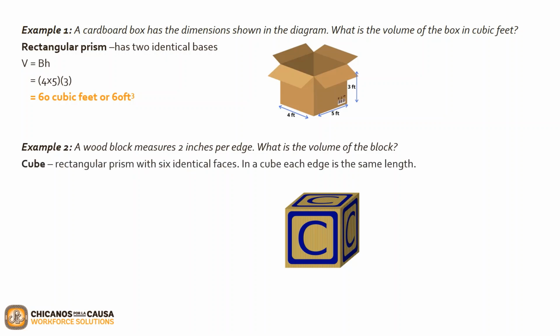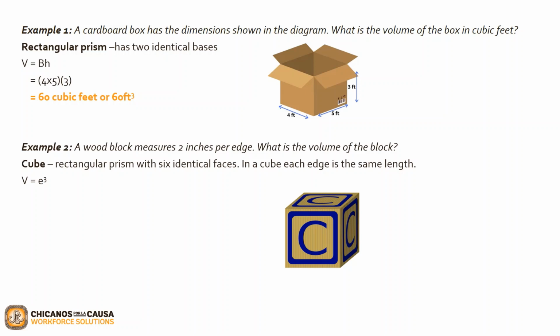So the cube is a rectangular prism with 6 identical faces. So in a cube, each edge is the same length. So all of it is going to be pretty much the same, which is 2 inches per edge. In order to find the volume of a cube, it is equal to the edge to the 3rd power.